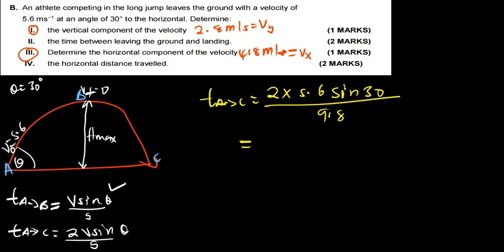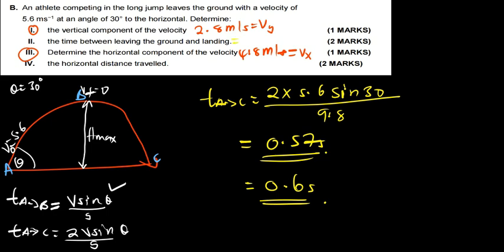I need to multiply by 2 because there is a 2 outside here. So I'm getting 0.57. In simple terms, we can say that this is the same as 0.6 seconds. Now, that is the time. So the time is 0.6.